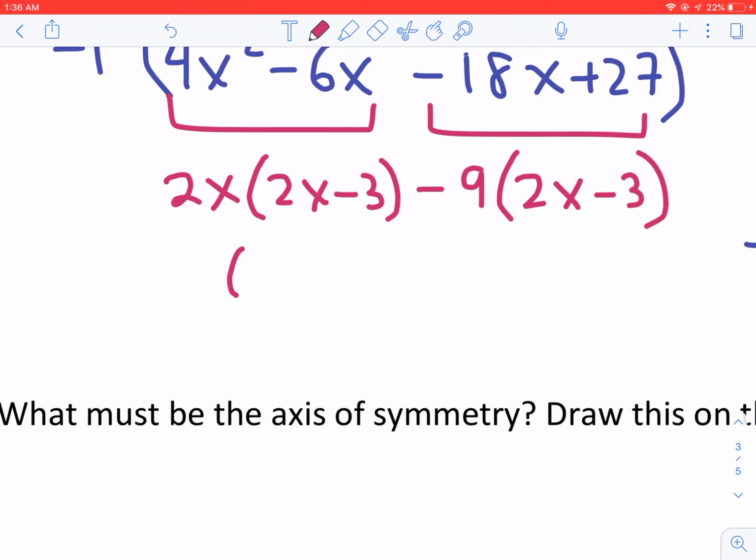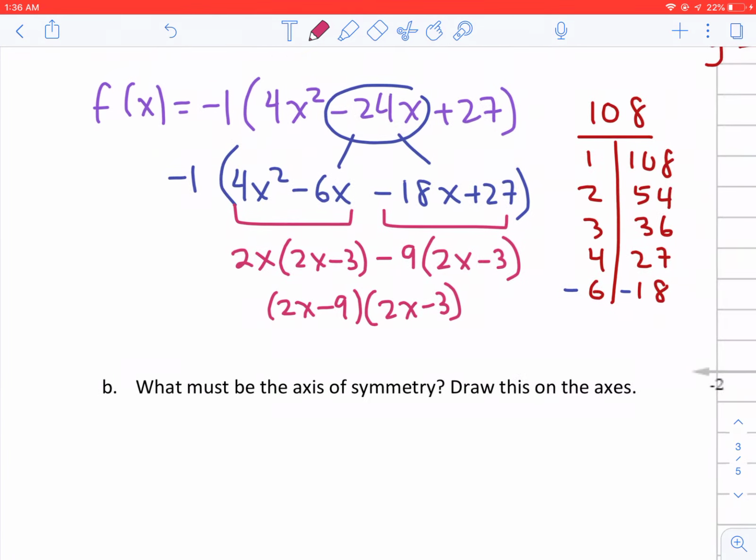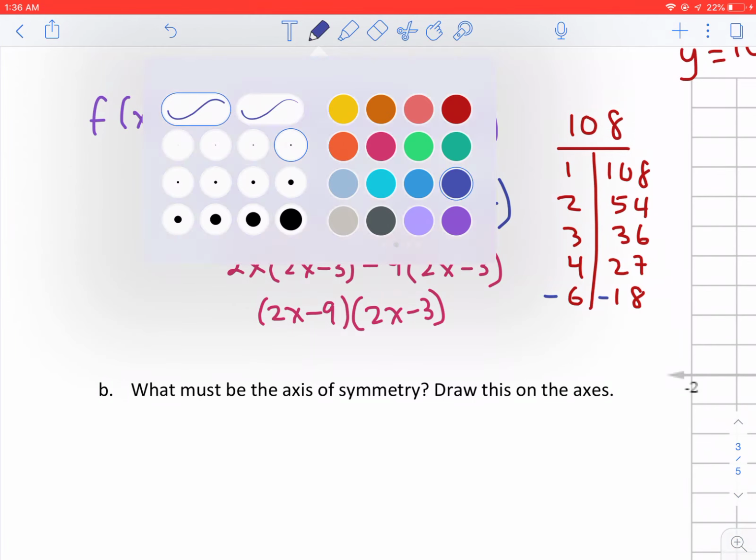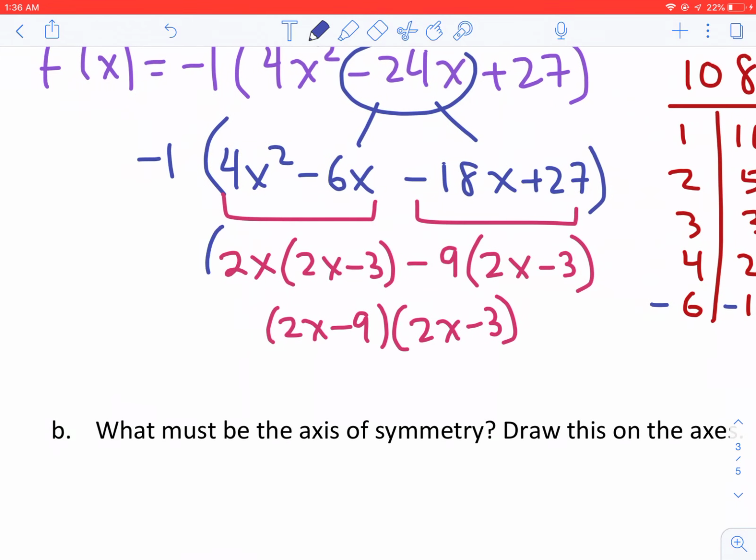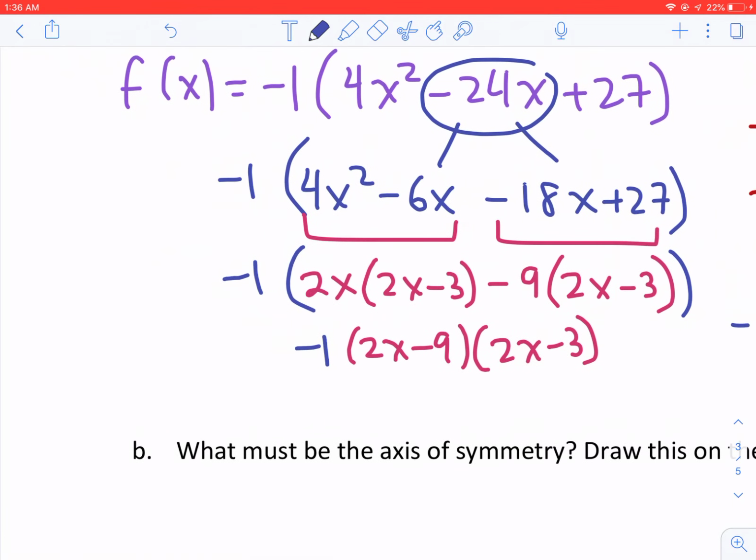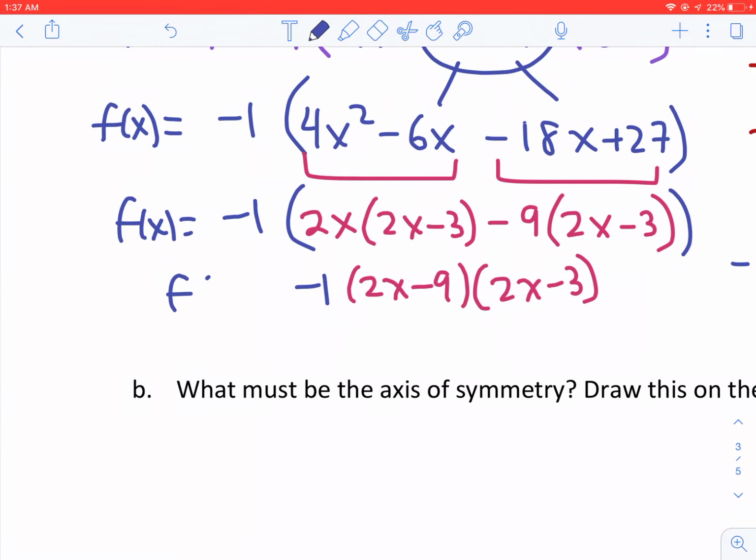This factors to 2x minus 9 times 2x minus 3. And lastly, do not forget about that negative 1 in front. So f of x is equal to this, is equal to that, is equal to this.